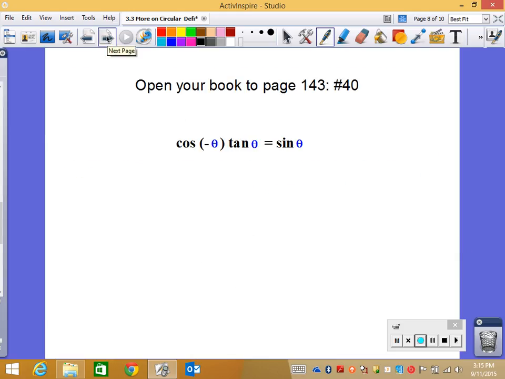So a really deep applied problem now is using these even and odd function relationships to prove identities. Remember, the cosine of a negative angle is, as we showed in the previous slides, equal to the cosine of a positive angle.